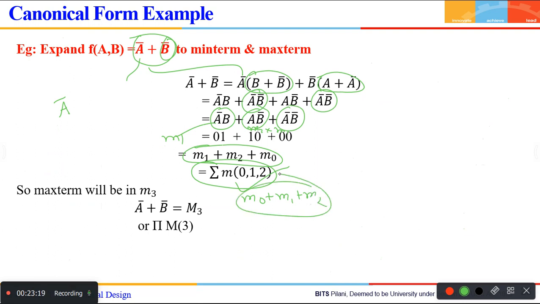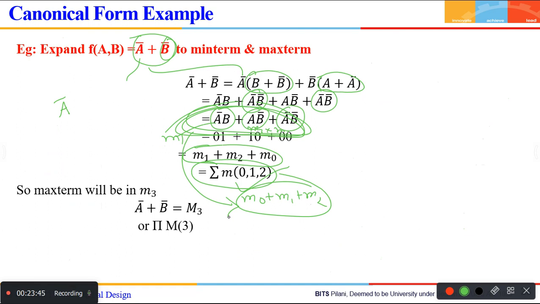See how easily I can represent my Boolean equation, right? Instead of writing an equation like this, I am going to write my same Boolean equation in this form. This is called the canonical form of representing your Boolean equation. It's an easy form, right? That's the purpose we use this, okay.